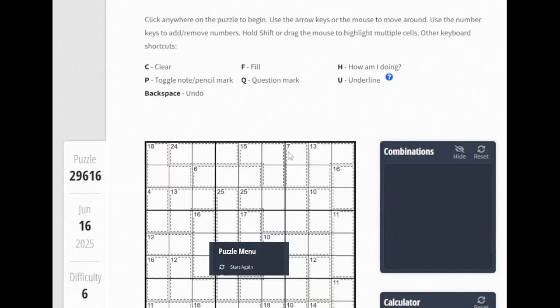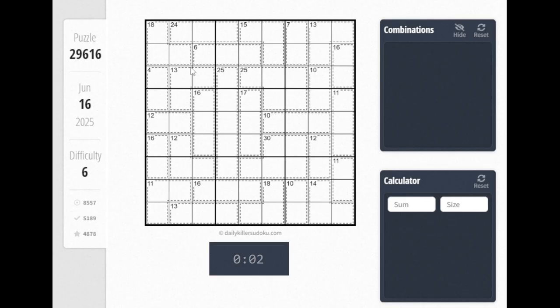Puzzle 6. Okay, so we got this. I don't know why it keeps popping that up. I thought that was supposed to go away, but I guess not. Are there any shapes? I guess there are, technically. Yeah, these are both shapes.